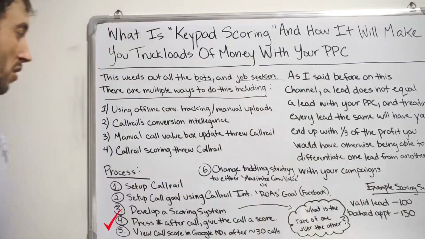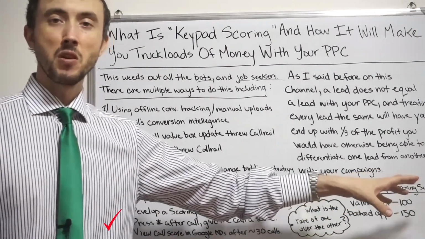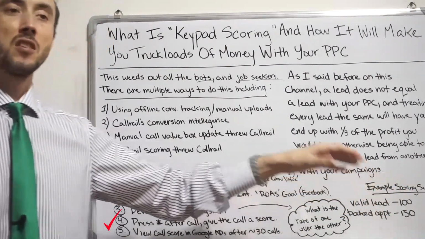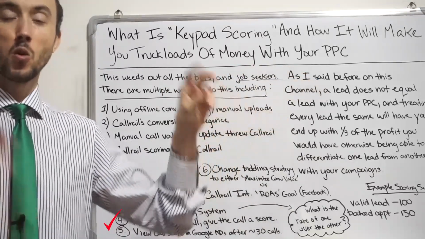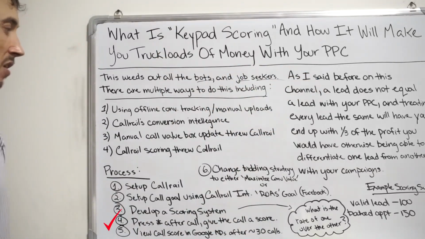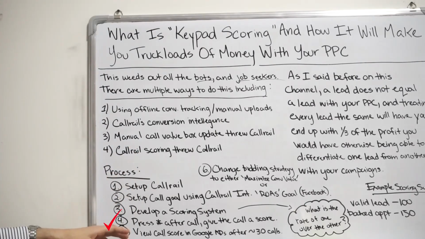For a lot of you, one score is going to be good enough. For some of you, you might have 2 or 3 different scores based upon what kind of qualified lead came in. So you can make up your mind what you want to do there.